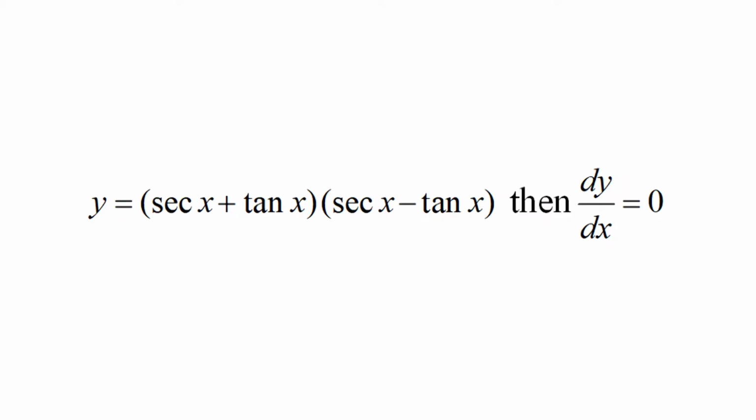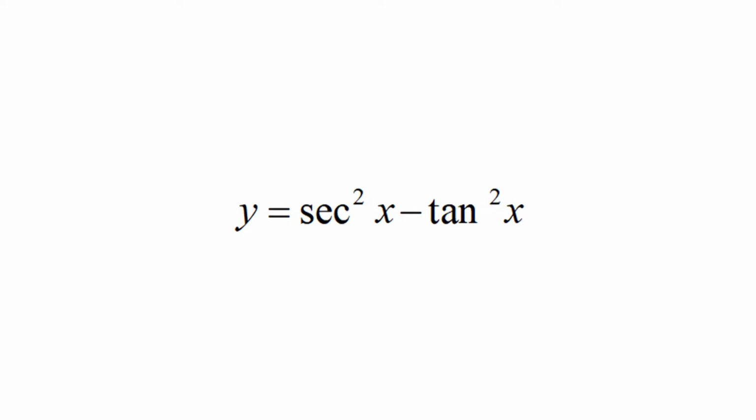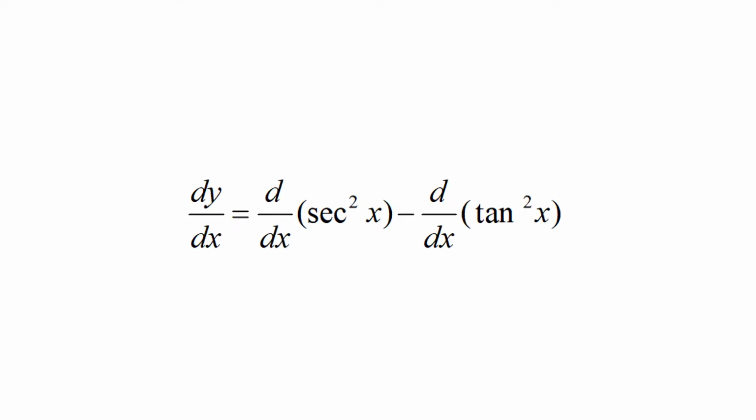We will now show that if y equal to sec x plus tan x into sec x minus tan x, then dy by dx equal to 0. Given equation can be written as y equal to sec square x minus tan square x. Thus, dy by dx equal to d by dx of sec square x minus d by dx of tan square x.